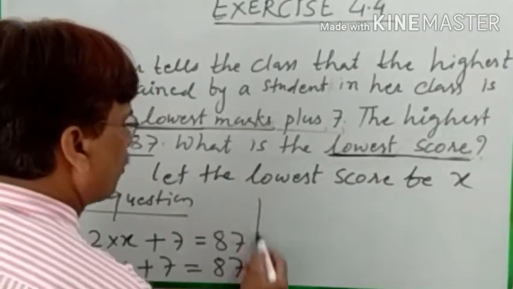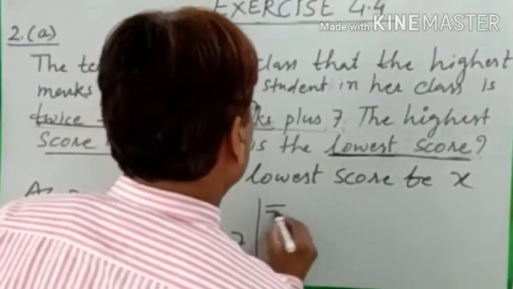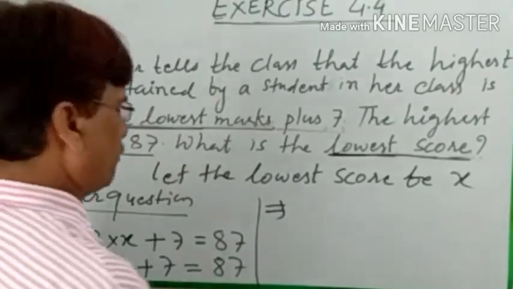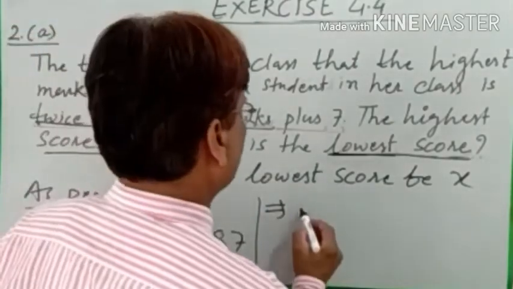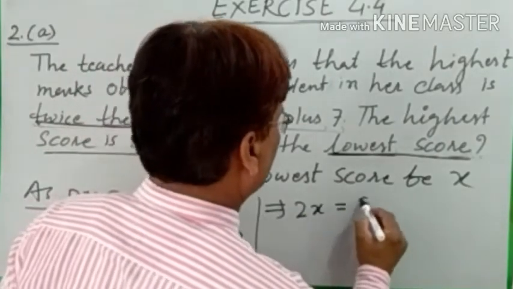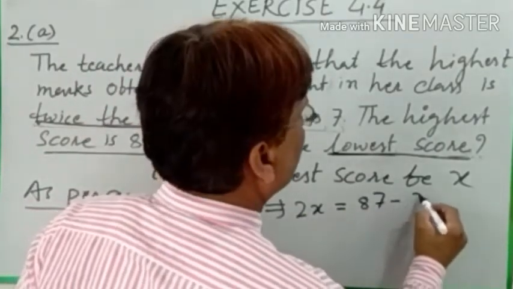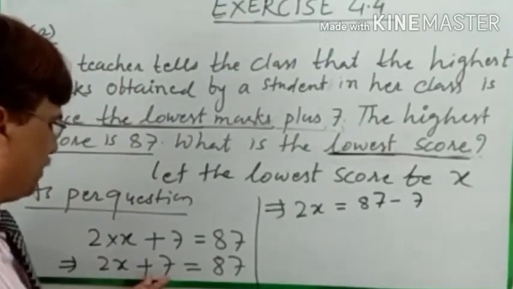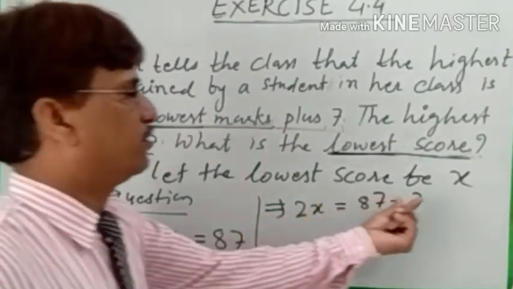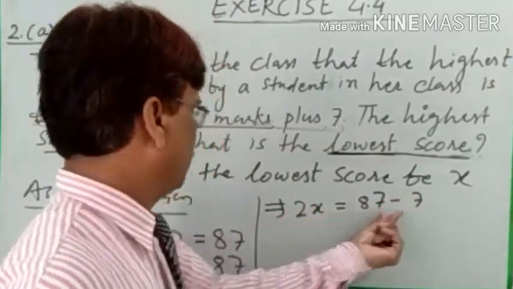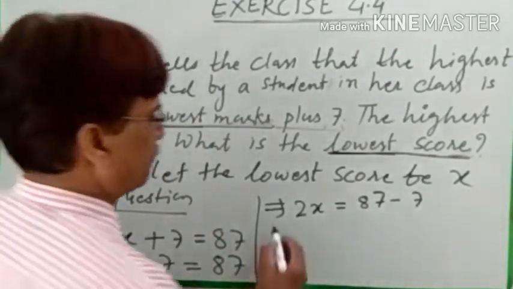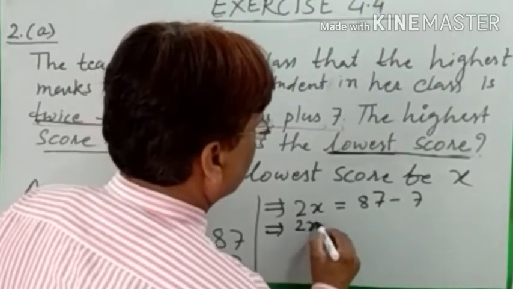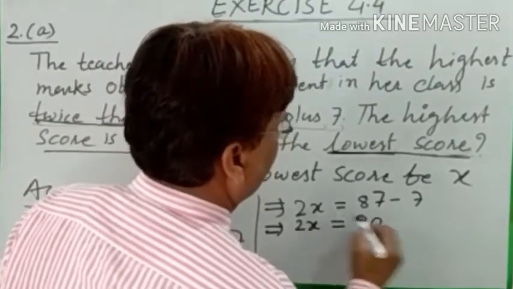Okay. Now we can solve it by transposition method. 2x is equal to 87 minus 7, plus 7 becomes minus 7 if we transpose plus 7 to right hand side. 2x is equal to 80.